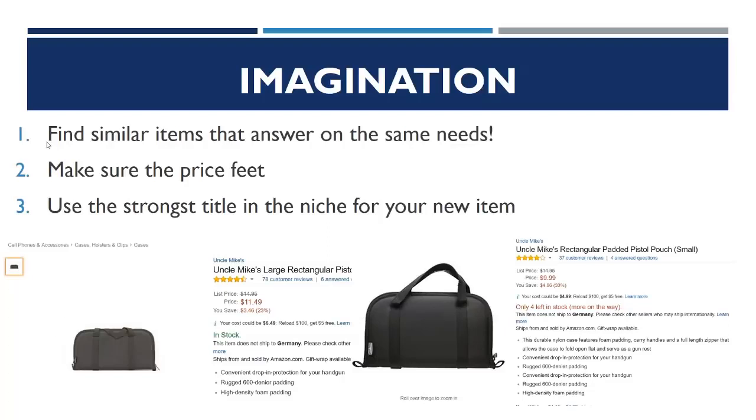So after we search on Amazon, we find similar items that answer the same needs. We make sure the price fits, okay? It's around the price. We're gonna use the same title from the product that we found on those items, okay?